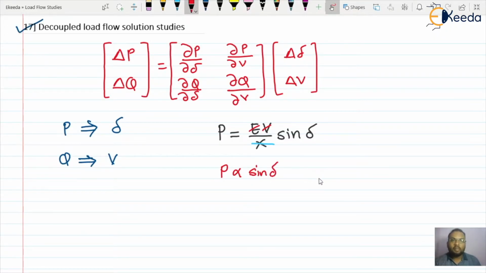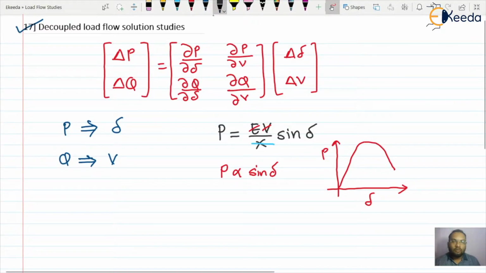So can I say that now the real power depends on sine of delta. If you remember the concept of power system stability, the P versus delta curve looks like this. We try to operate the power system within this linear segment, up to a phase angle of 30 degrees. It is a stability concern.